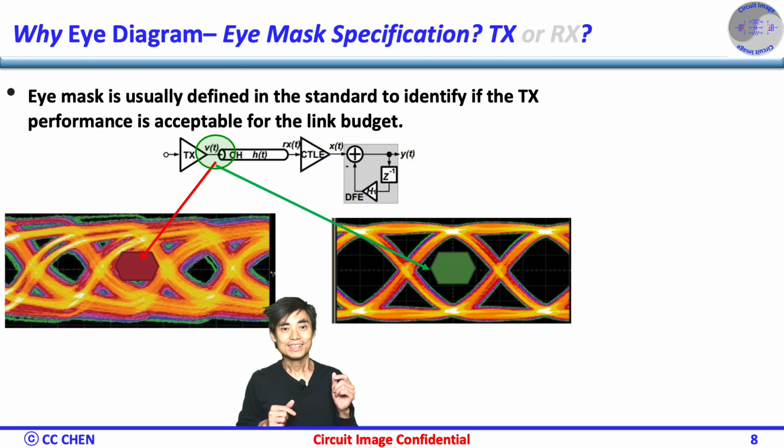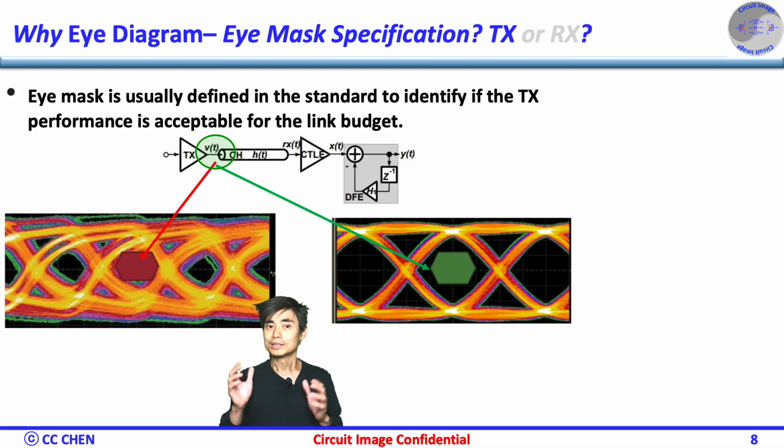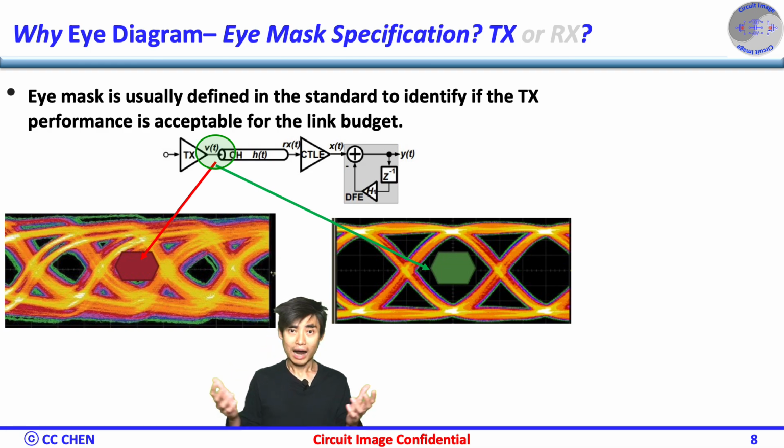As long as the eye agrees between the simulation and measurement, the final TX eye may be the final sign-off of the silicon validation. In addition to the TX eye mask, do we have the RX eye mask?